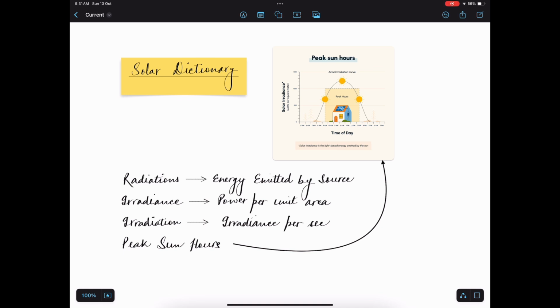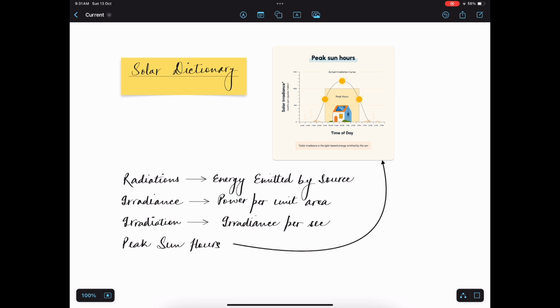I'm just giving an example of irradiance here: if radiation falls on a 1 meter square surface, the power it generates is called the irradiance, or unit irradiance.